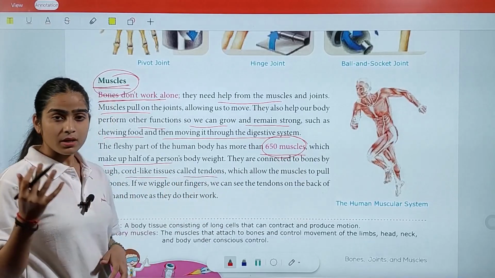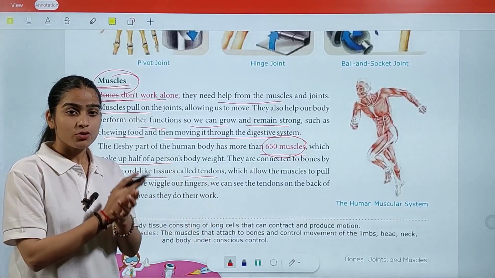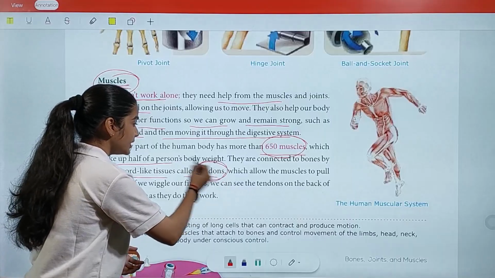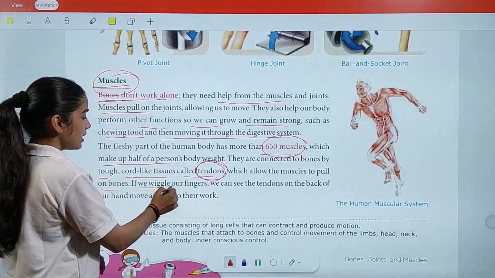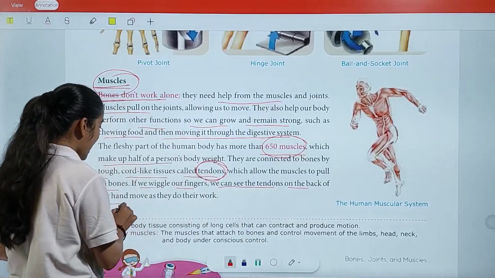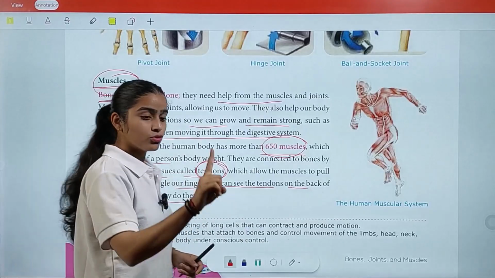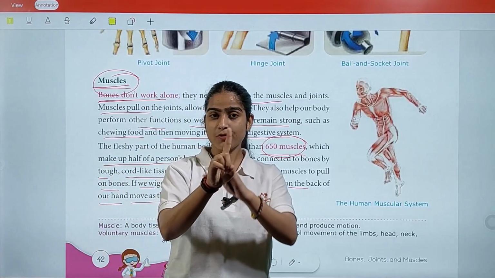So the fleshy part is attached to the body with the help of the tendons, which allow the muscles to pull on bones. If we wiggle our finger, we can see the tendons on the back of our hand move as they do their work. So you just have to wiggle your finger, and you see the tendons on the back of your hand.